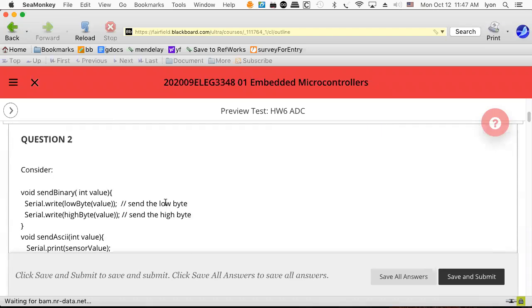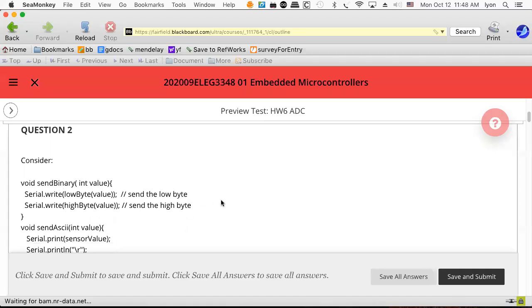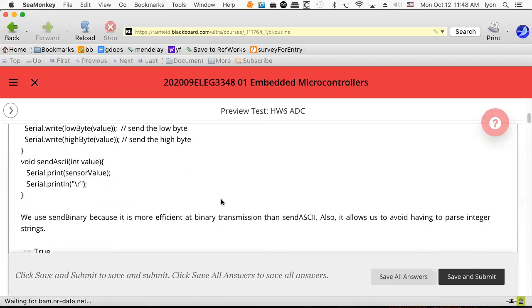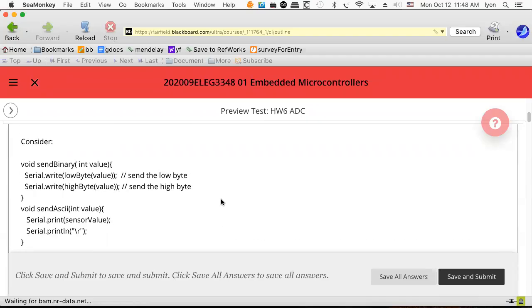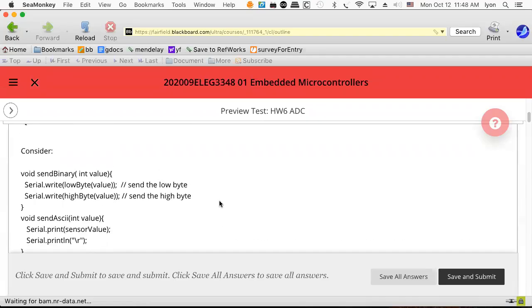So here comes another question. Let's see, send binary. So we saw the send binary thing, and now it looks like it's taking value low byte and then taking value high byte and writing it out to the serial port. And so it's doing it as I would call it numeric values, 1 byte at a time.